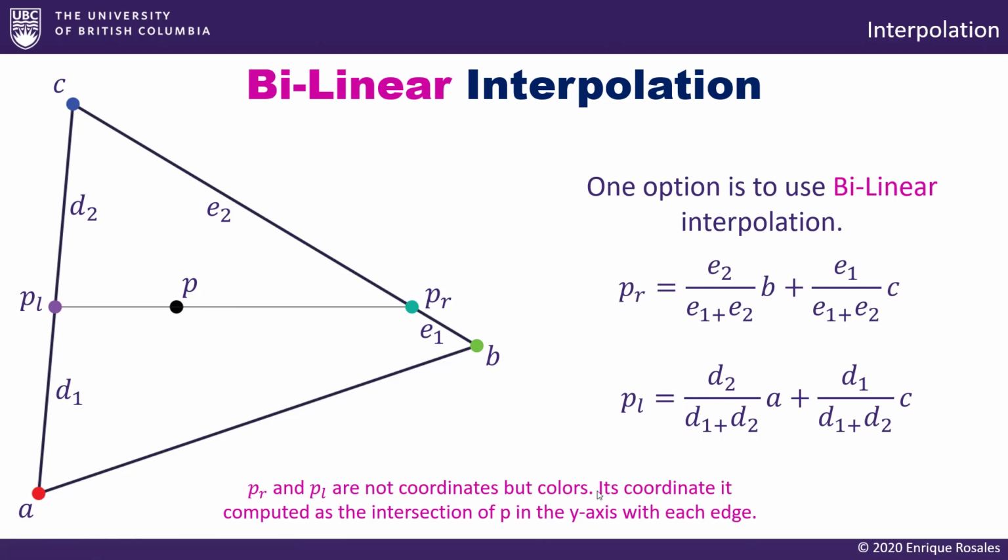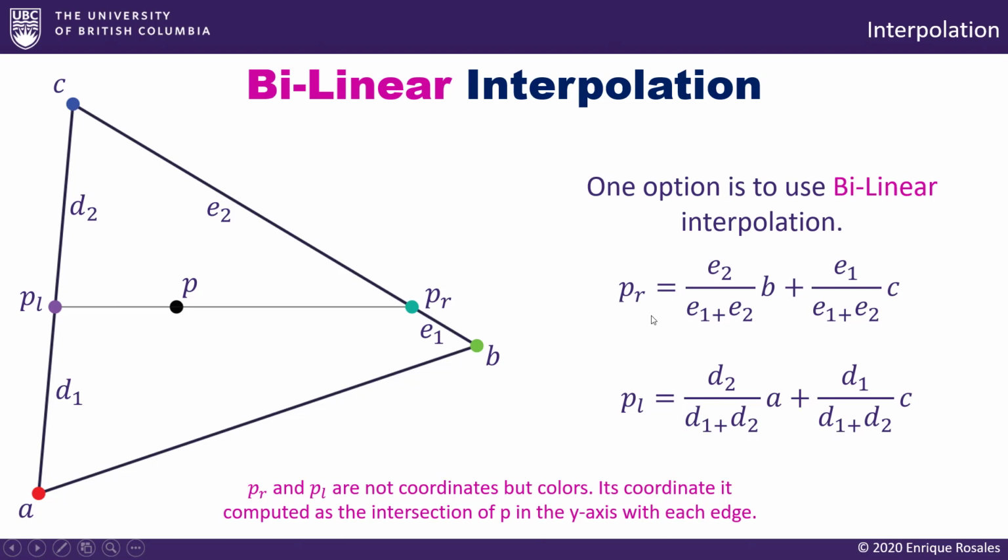We need to compute the coordinates first, and those are computed as the intersection of P's y-axis with each edge. So these are not random, and this line is perfectly horizontal because it's just the y-axis from P. So first step, I compute the coordinates of PL and PR, and then I compute their color.